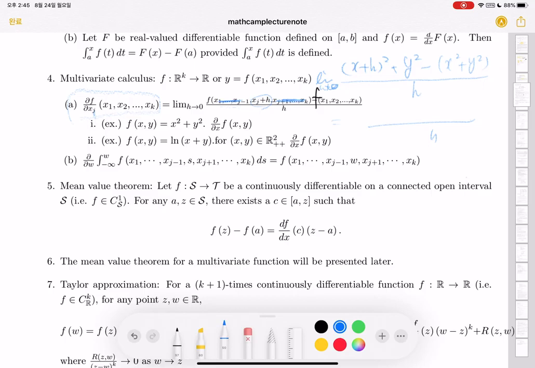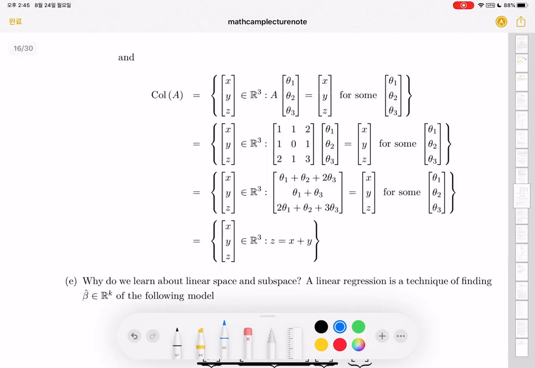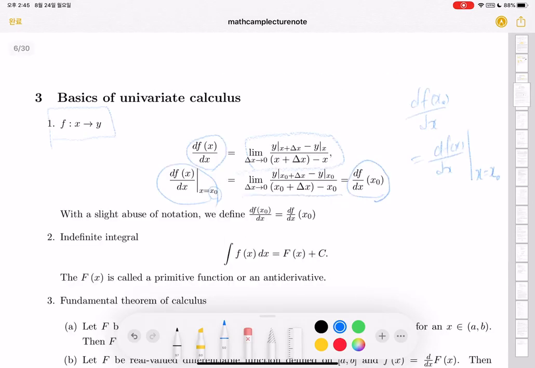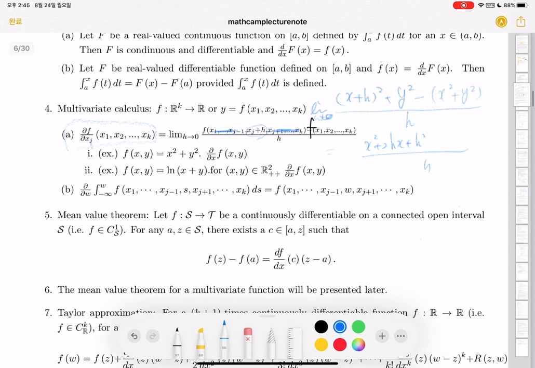Then this y squared cancels this y squared here, so you get (x plus h) squared minus x squared, over h. (x plus h) squared is x squared plus 2hx plus h squared, minus x squared.